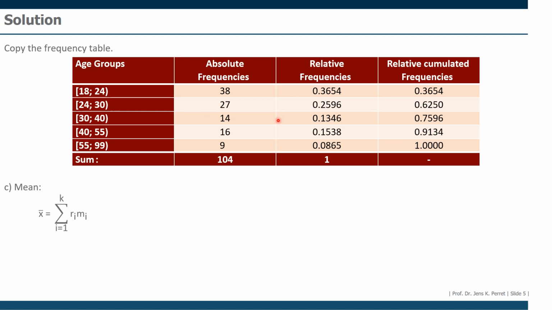Here, 27 times this relative frequency, 35 times this relative frequency, and so forth, gives us this intermediate result. Always the class means multiplied with the relative frequencies. This, in the end, leads to a result of 33.3596, which is slightly larger than the median, meaning this will tell us something about the distribution of the dataset.